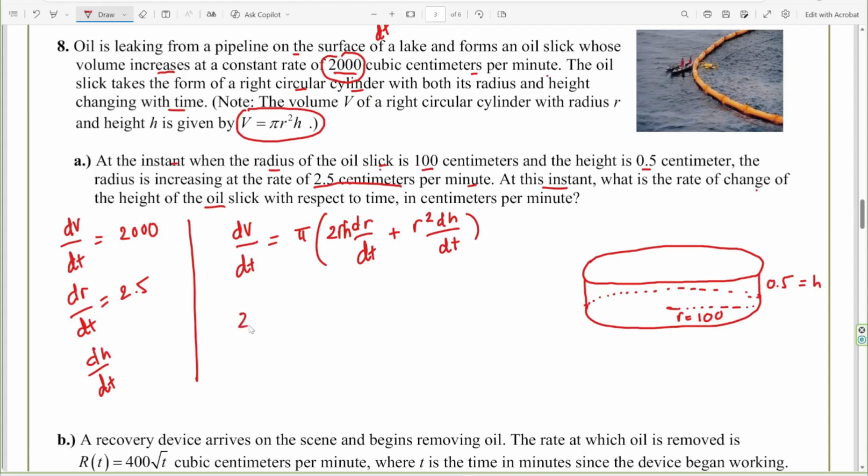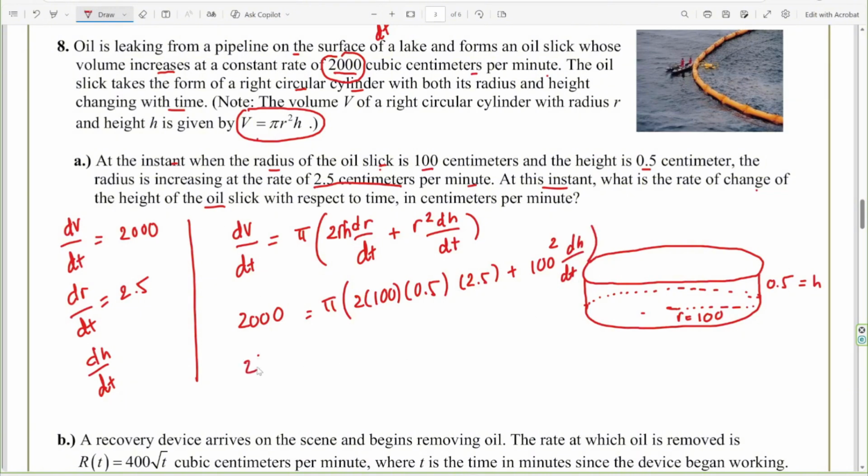So it could be 2000 equals pi times 2 times r, where r equals 100, times 0.5. dr over dt is going to be 2.5, plus 100 squared times dh over dt. We don't know it, we need to find it, so we put dh over dt here.